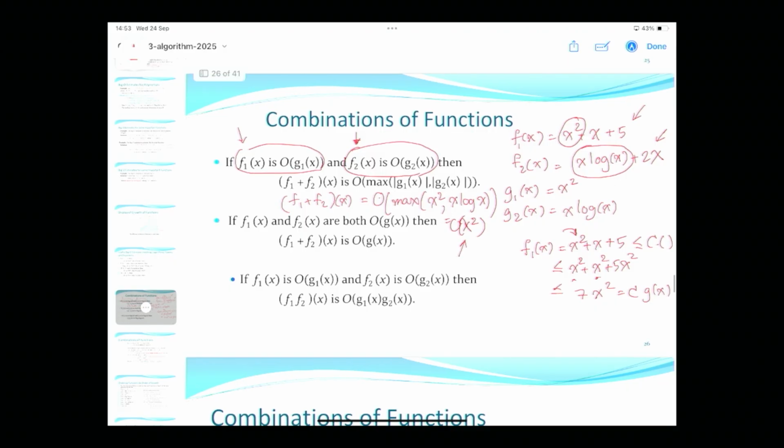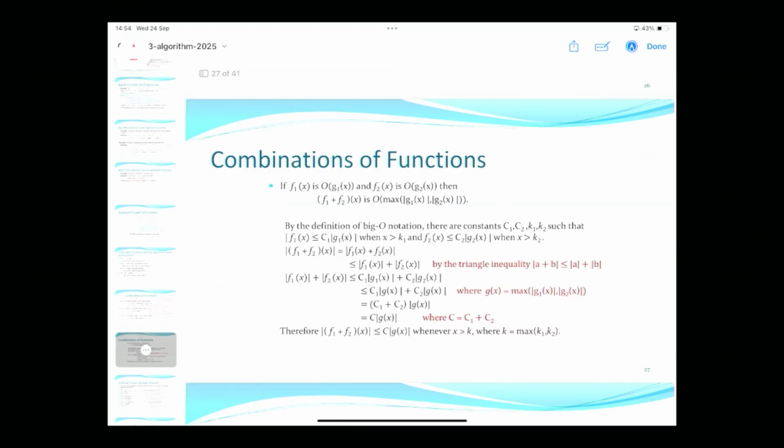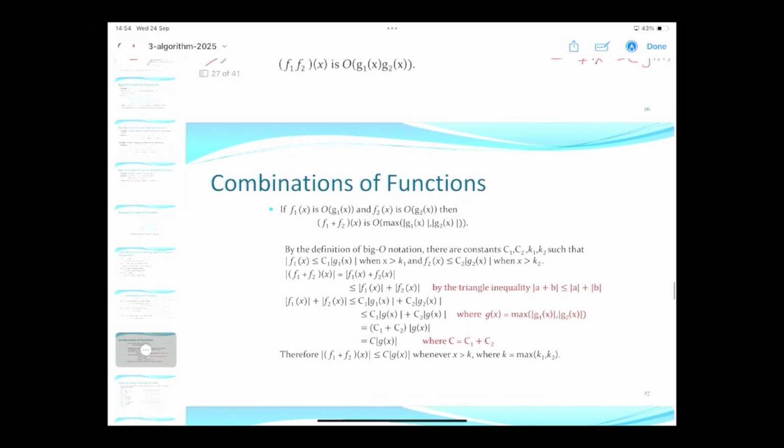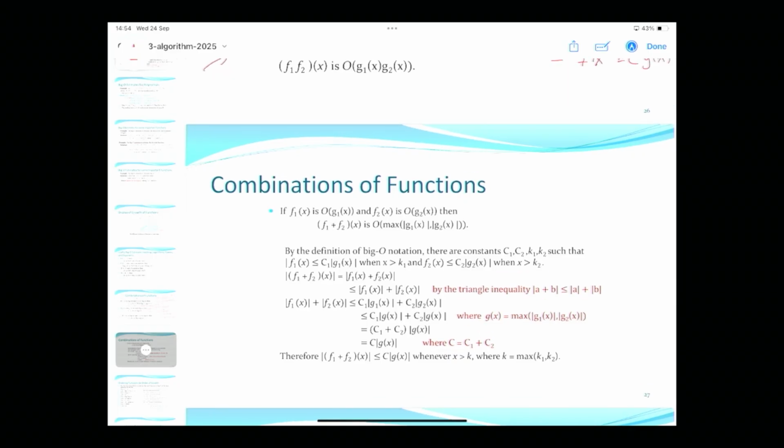Next one, the product of two functions, f1 and f2. In this case, the big O of the function f1 times f2 would be equal to the big O of g1 times g2. The detailed information for the summation of f1 and f2 is here as well.